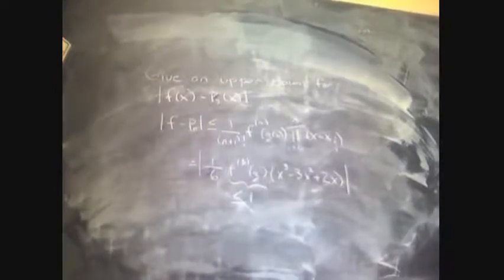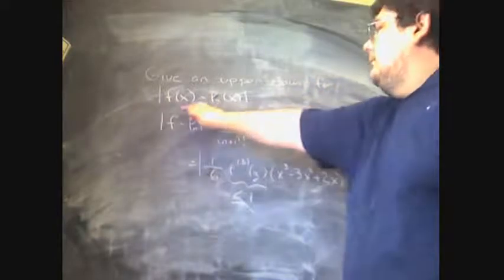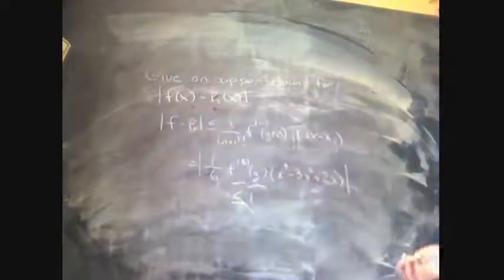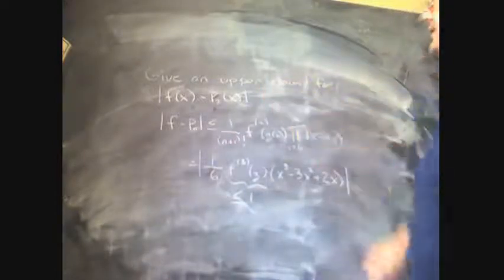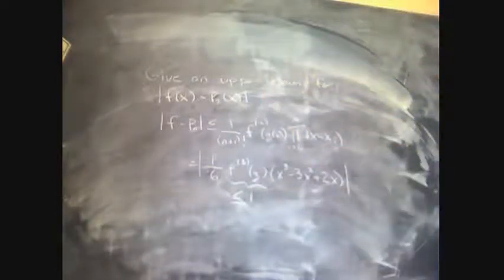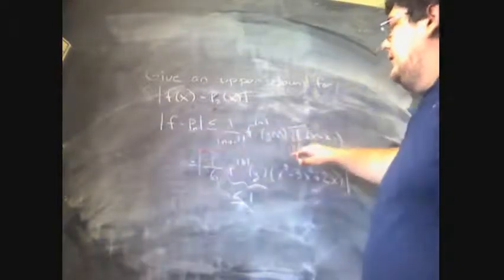The next thing we are asked to do is to give an upper bound on the difference from our original f(x). So, how close is our second degree polynomial as an estimate of our actual original function? We can use this formula here.